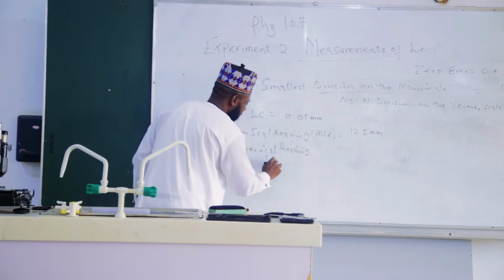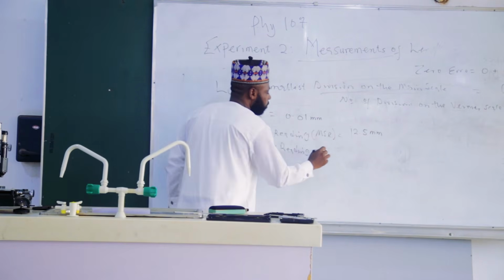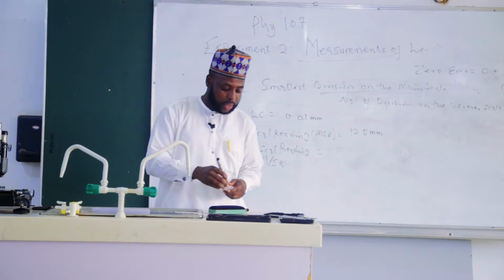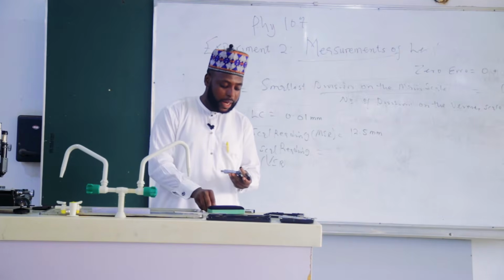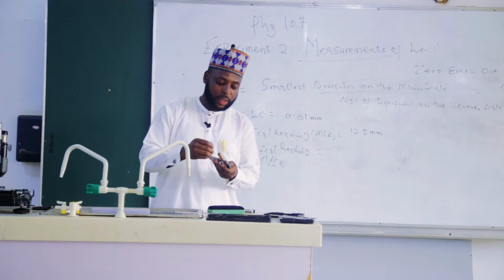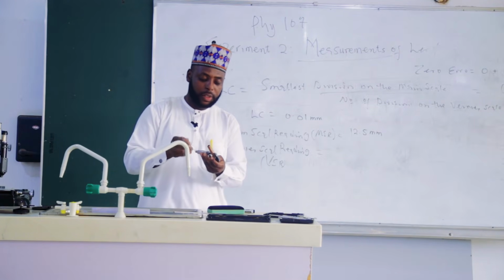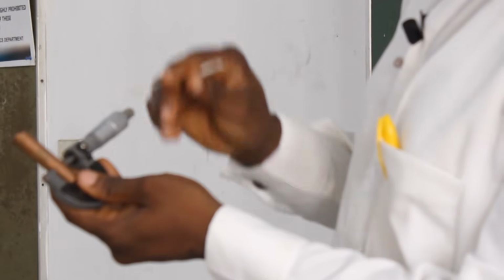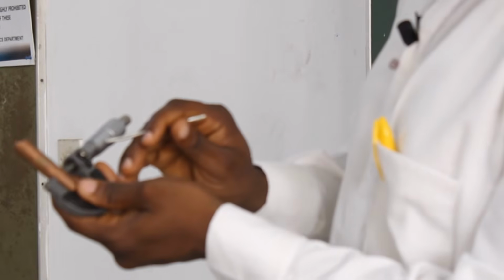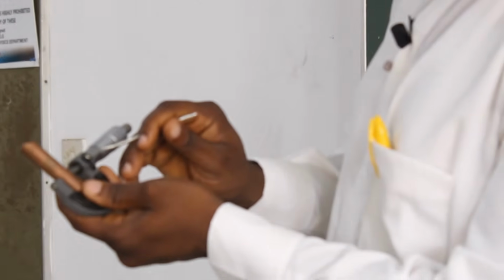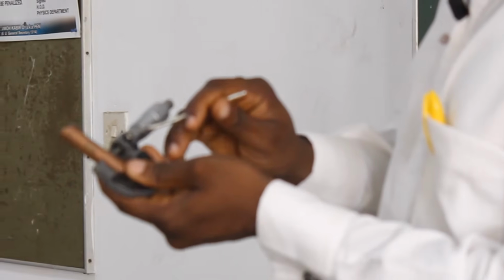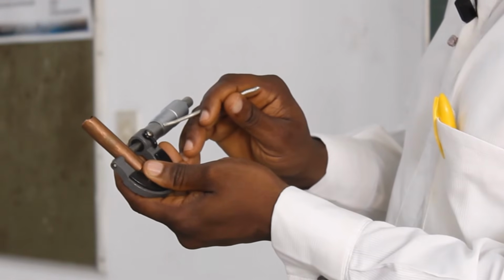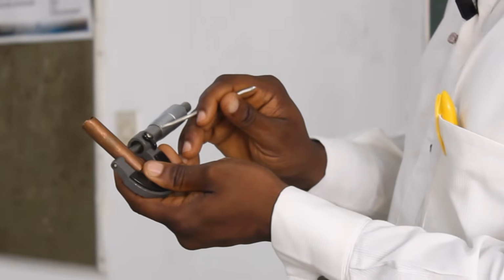So we want to get our vernier scale reading, VSR, which is going to be the position that aligns with the datum line, this horizontal line, with the division on the vernier scale. We can take a look at it again and see. So we have 5, 6, 7, 8.